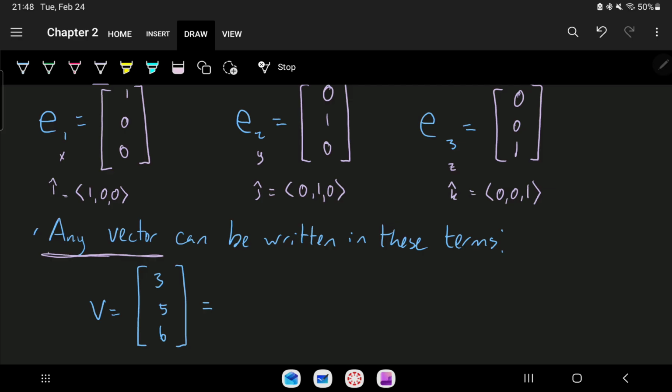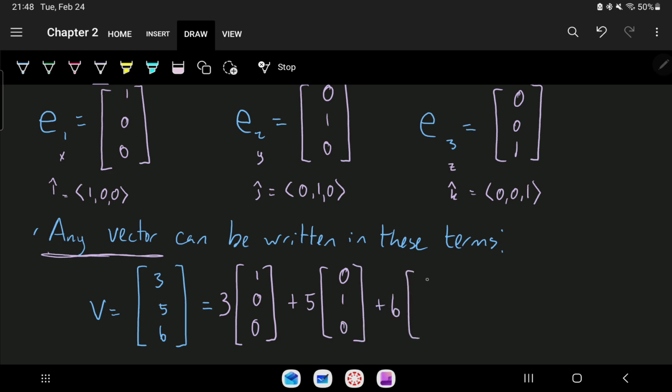Since we can use scalar multiplication and addition to represent this vector, we can pull out each component and write it with these unit vectors. So for the x component, we have 3 in front of 1, 0, 0, plus 5 times 0, 1, 0, plus 6 times 0, 0, 1.